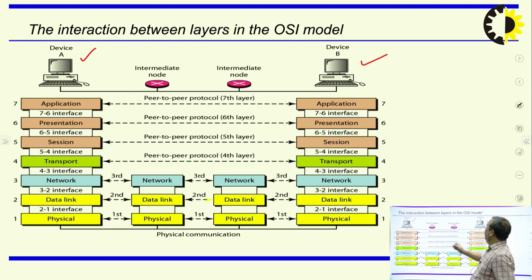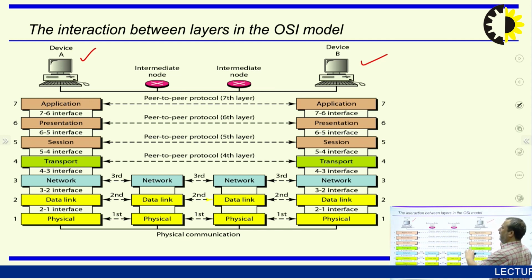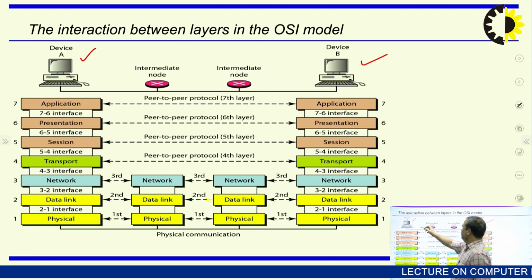To establish or complete the communication, these 7 layers and all their functionality are involved.